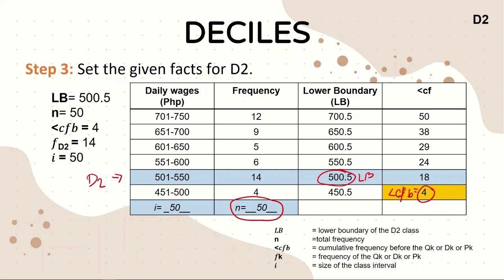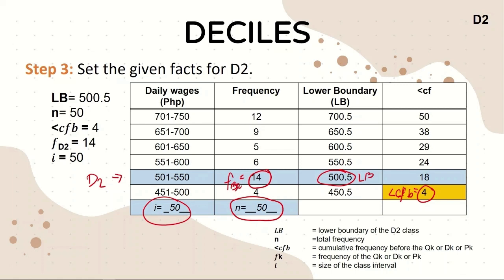Then the frequency for decile 2 is equal to 14, and the class interval is equal to 50. So we already have the facts needed for step 4.